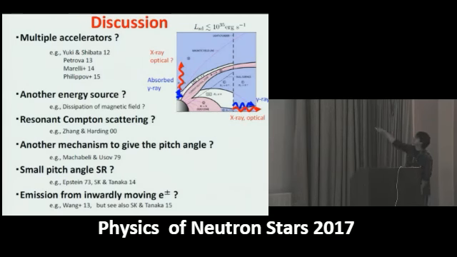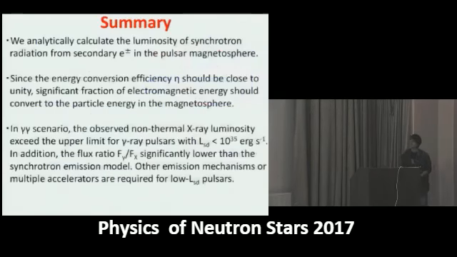If gamma rays come from the outer region and X-rays come from the inner region, then the observed luminosity could be explained. In this case, the light curves in gamma ray and X-ray may be very different. There are other possibilities like here. In sum, this is a summary. Thank you for your attention.